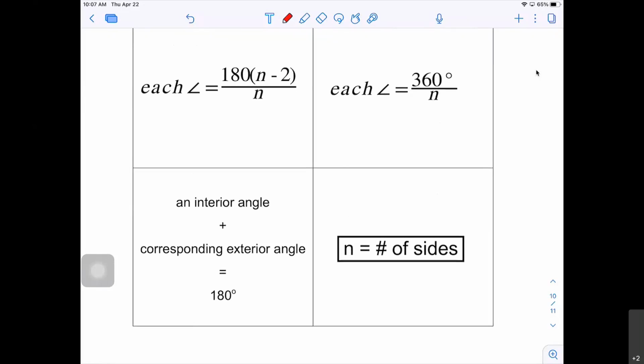They're going to give you some information, and then you need to take that information and find the other parts. If I tell you how many sides, you should be able to tell me the sum, the each interior, each exterior, all that kind of stuff. They're all related to each other.